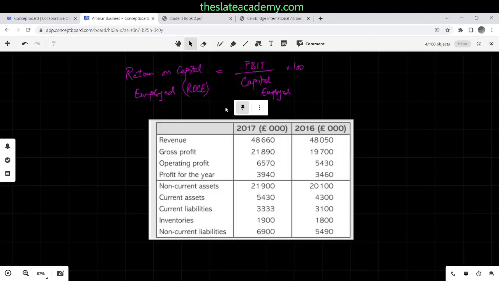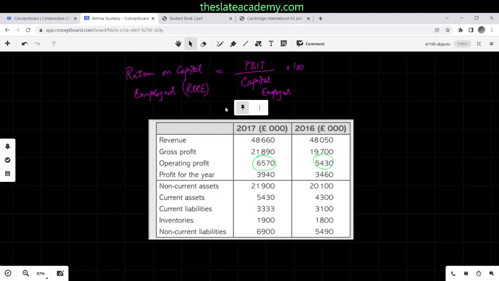Which profit would we use: the revenue, gross profit, operating profit, or profit for the year to calculate return on capital employed? This will be easier to do with an example. We'd actually use the operating profit. So out of all of these, we'd be using this one, and for 2017, this one.